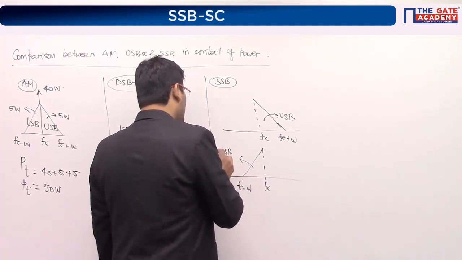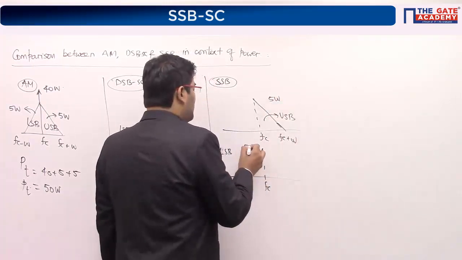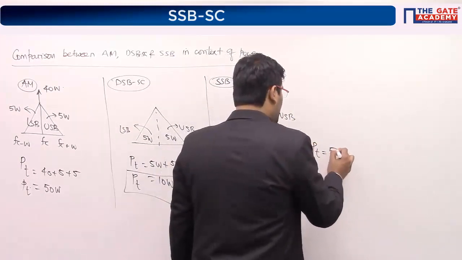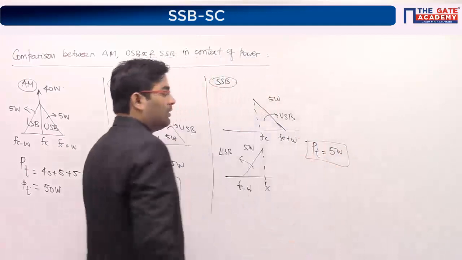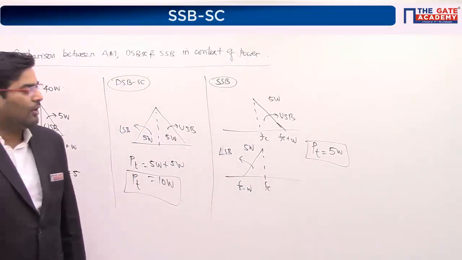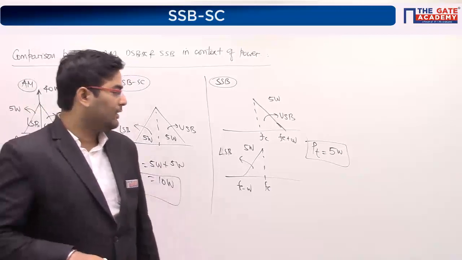So your power you will take either 5 watt or 5 watts. So power you are using in transmission is 5 watt. So this is a demonstration of comparison of power amongst the three different techniques.